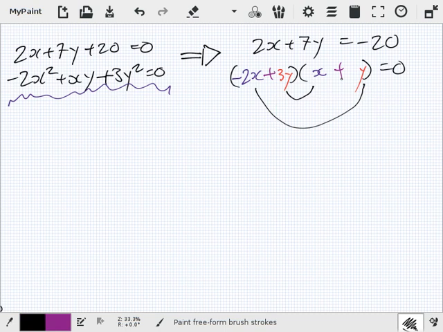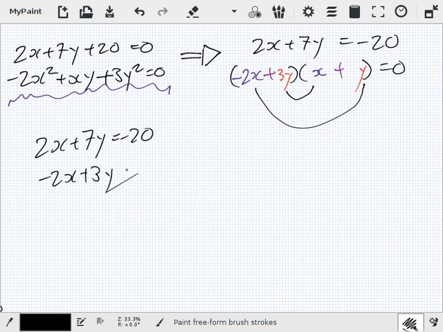Now you might say, well, what's the point in factorizing that? Well, it makes you realize that this can be written two different ways. You can say 2x plus 7y equals minus 20, and minus 2x plus 3y must equal 0. Why am I saying this? Because here they multiply to make 0.